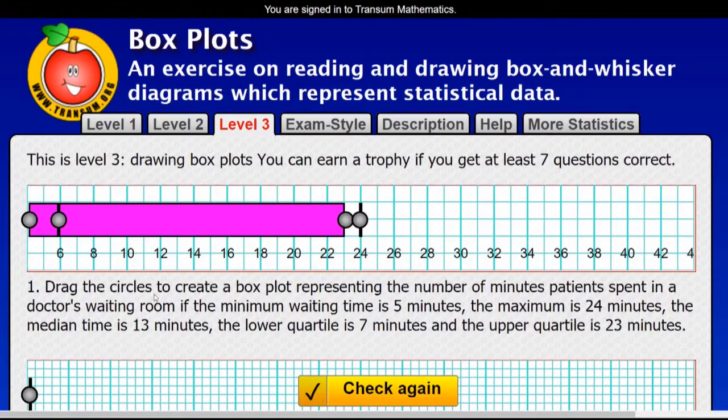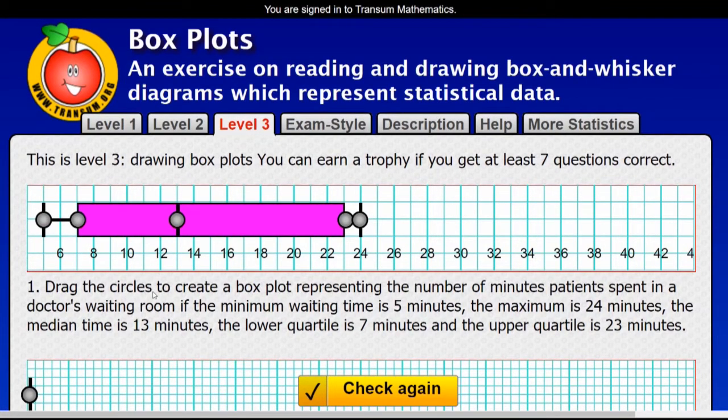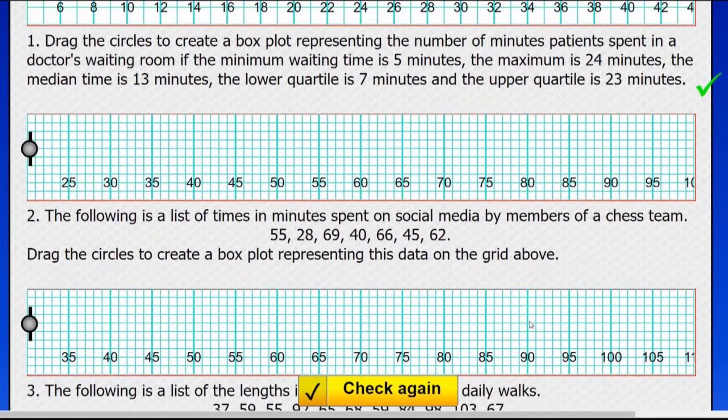And then the median, where is the median? The median time is 13 minutes, so that goes about there. The lower quartile is 7 minutes, that goes about there. And the minimum is 5 minutes, which is right there. So there is my box plot. Click on the check button. A little tick appears to the right. Yes, it looks like we're okay there.